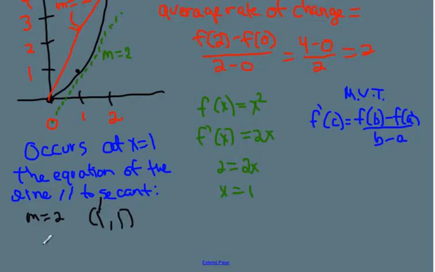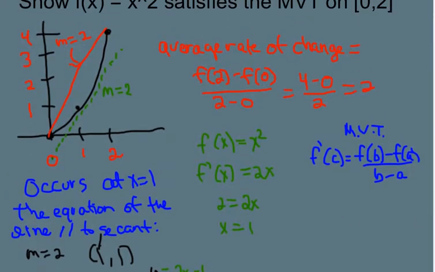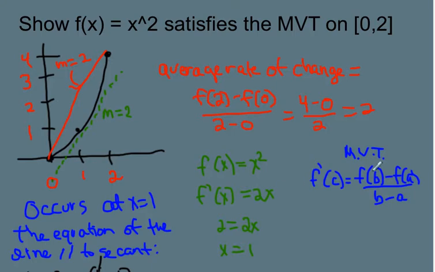Then I say y equals 2x plus b. I plug 1 in, so 1 equals 2 plus b. That gives me b equals -1. So the equation of the green line is y equals 2x minus 1. And that's the basic gist of the mean value theorem.